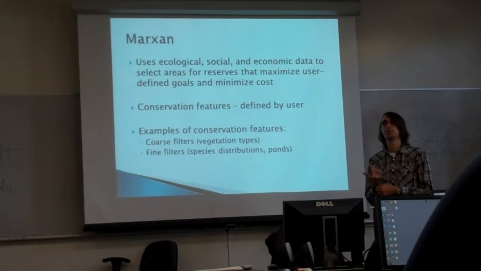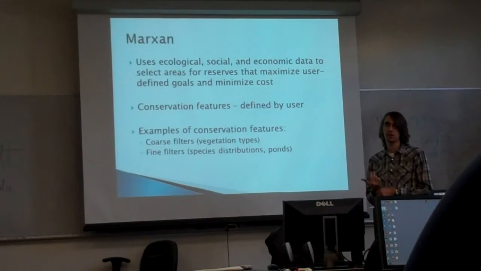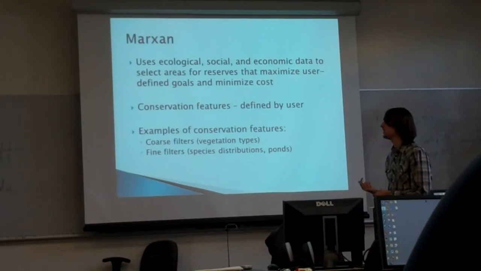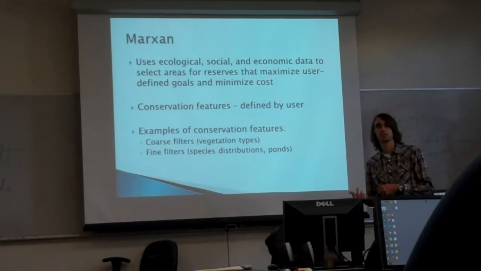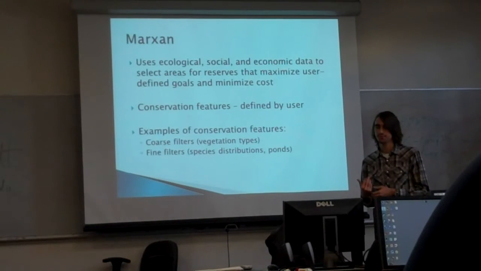It's heavily user input dependent, as most of these programs we use. The conservation features of interest all need to be defined by the user as to the cost of protecting those features. You can use coarse filters like vegetation or habitat types, or these fine filters that we went over in lecture like actual species distributions to get at conservation goals.